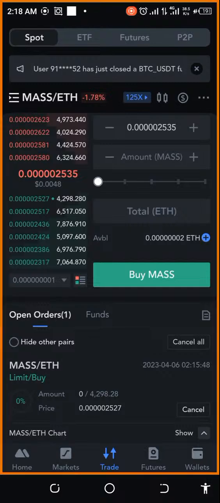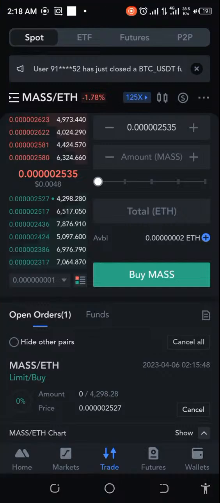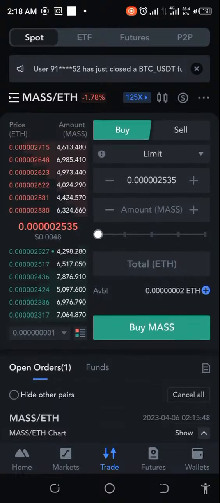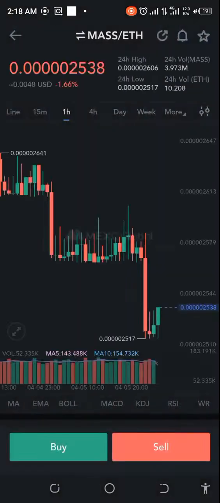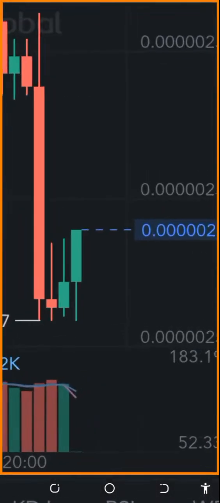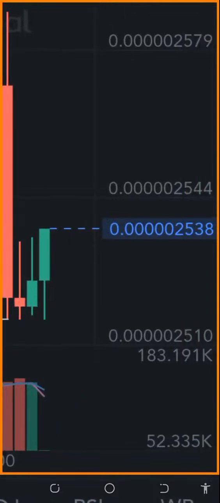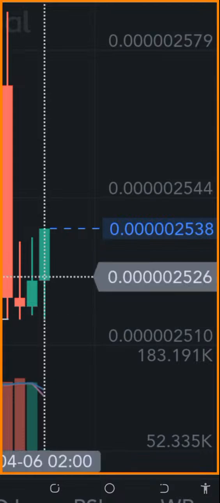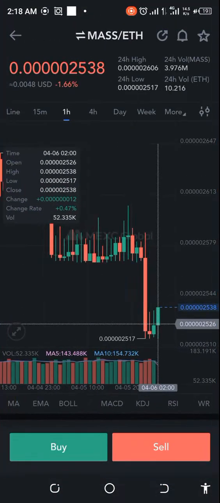The price is currently 2535, so it has to go down to 2527, which is somewhere around here. 2528, 2528, 2527. Yeah, something in this range. So we really needed to see it come back down.